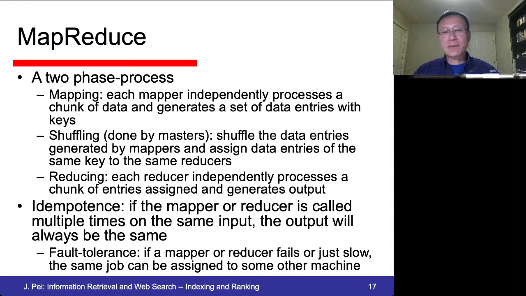MapReduce has a very nice property called idempotence. It is that if the mapper or reducer is called multiple times on the same input, the output will always be the same. In other words, if the mapper or reducer goes wrong, we can just restart it and run the same program again, and it does not affect the output. This is a very nice property of fault tolerance.